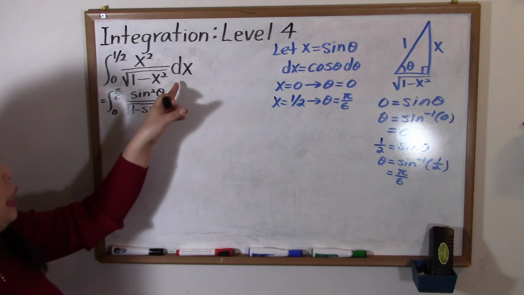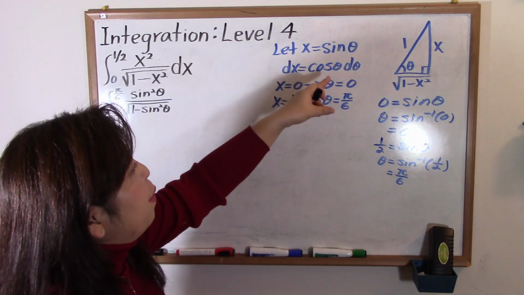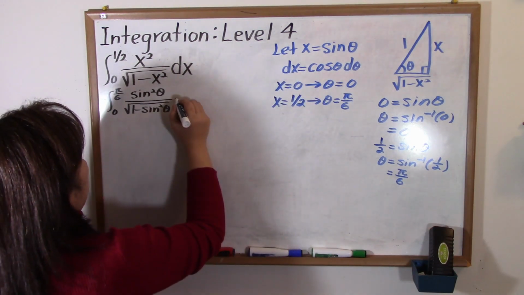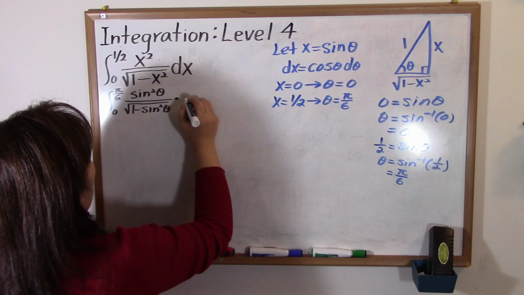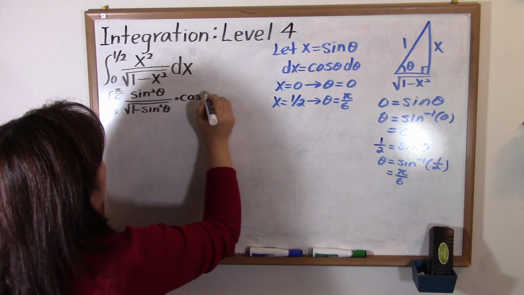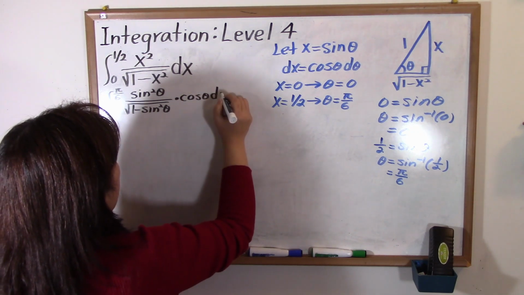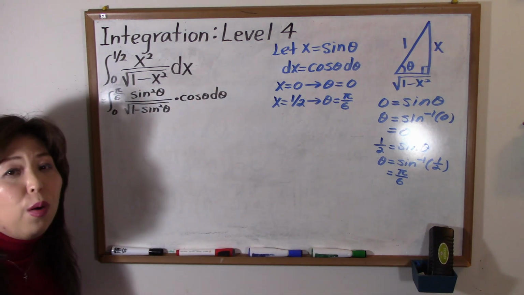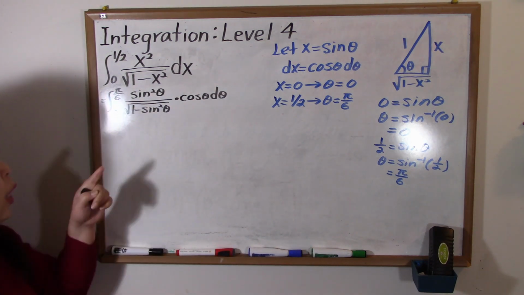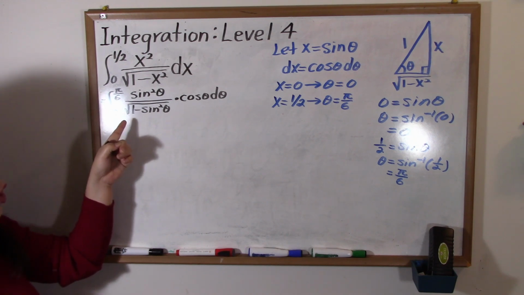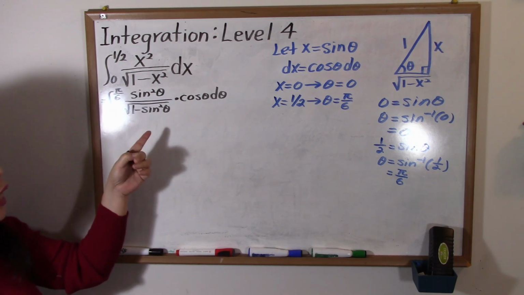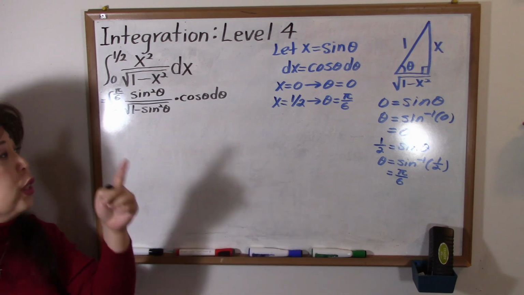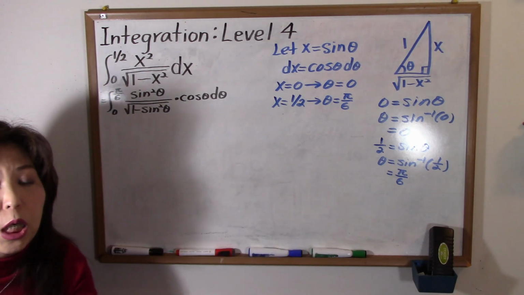How about dx? dx is cosine theta d theta, so we multiply by cosine theta d theta.